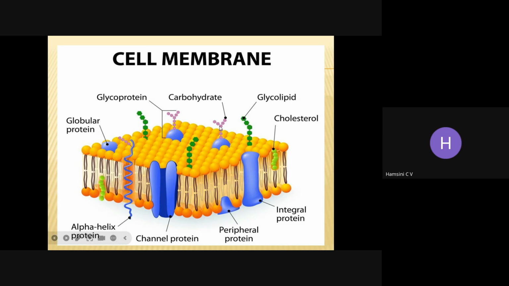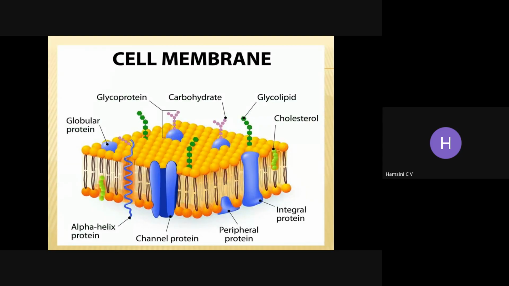Glyco means carbohydrate, related to glucose. Since it is attached to a protein molecule, we call this glycoprotein. Then this is called glycolipid.